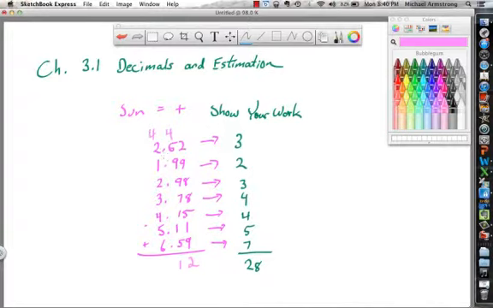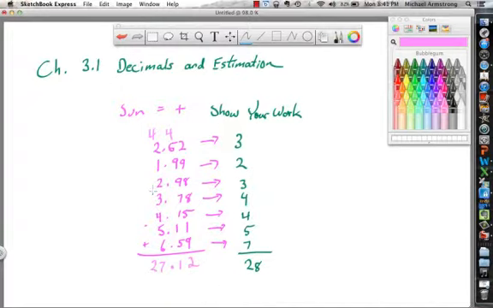Hopefully I'm doing it right. You guys catch me if I make a mistake. The decimal comes straight down. 6, 7, 8, 9, 10, 11, 12, 16, 21, 27. $27.12. We got 28.